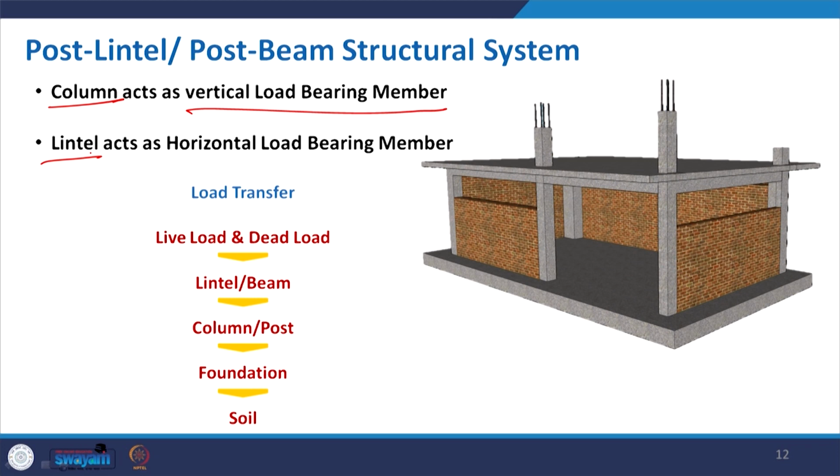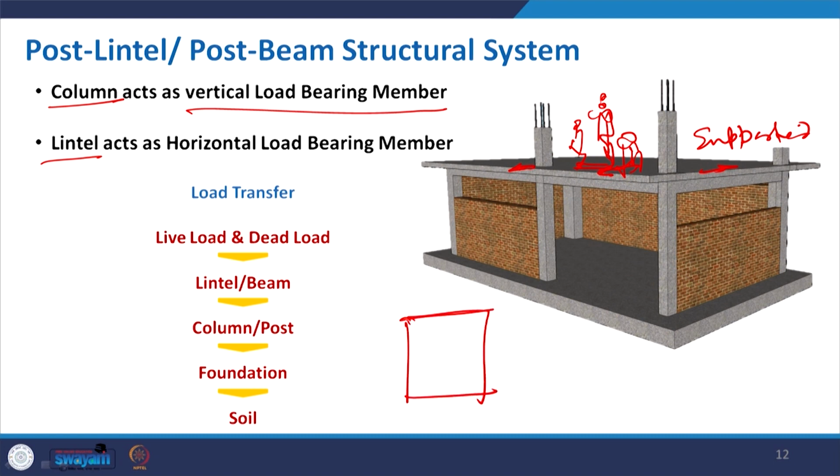So, what exactly is going on here? The slab is now a supported structure, supported by the beam first. Suppose I put some load, furniture and other things, here. It will transfer the load and distribute it based on the arrangement and design. For example, if this is just a square grid, the load will be distributed like this.